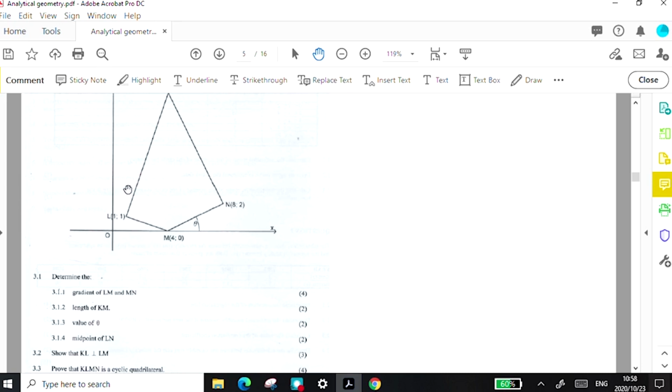Let's start off with the gradient of LM. So we are looking for the gradient of LM.